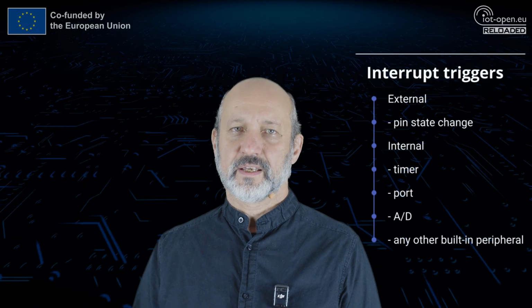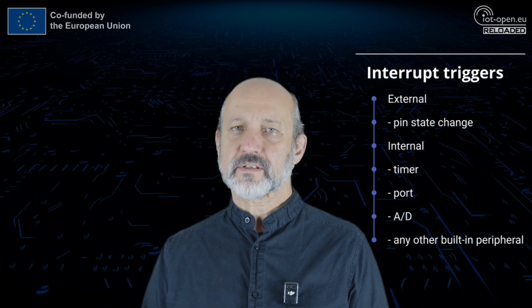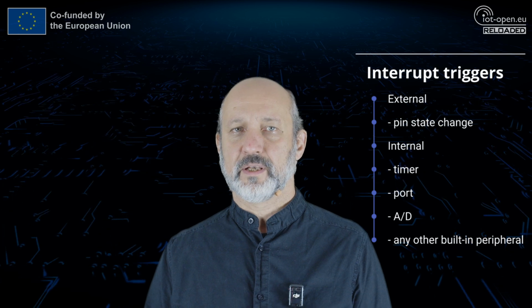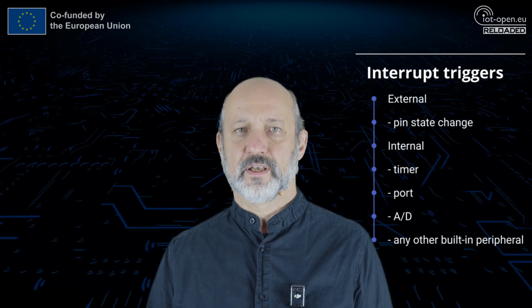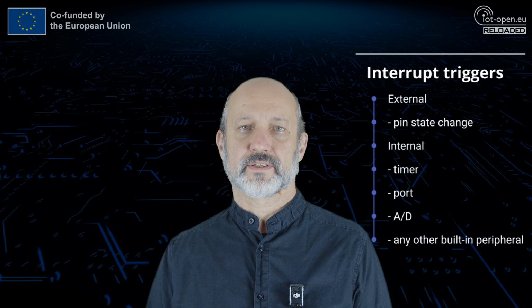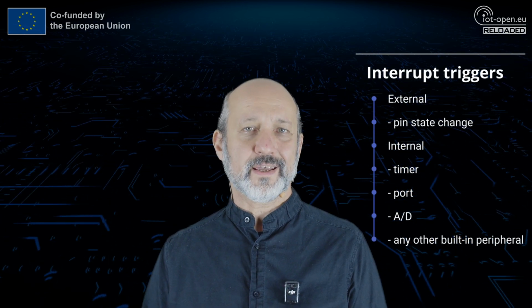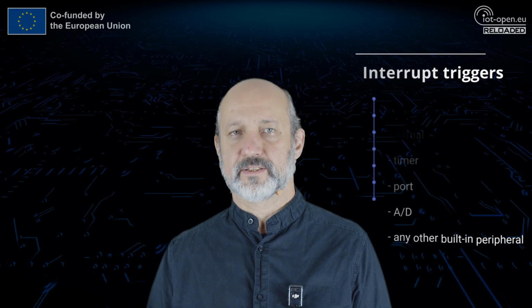Interrupt signals can be generated by an external source, like a change of value on the digital pin, or by an internal source, from a peripheral module like a timer, serial port, analog to digital converter, or any other built-in peripheral device. When the processor receives the interrupt signal, it stops executing the code and starts the ISR.